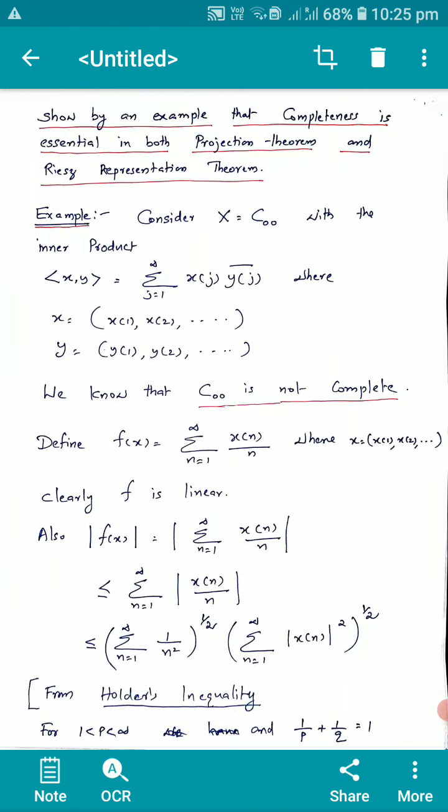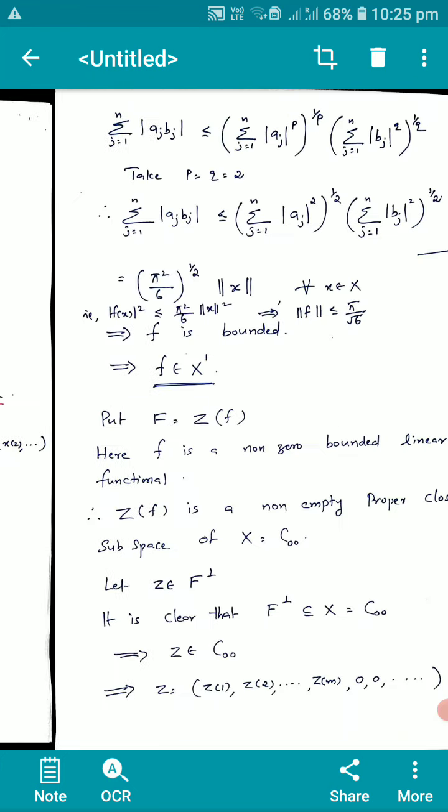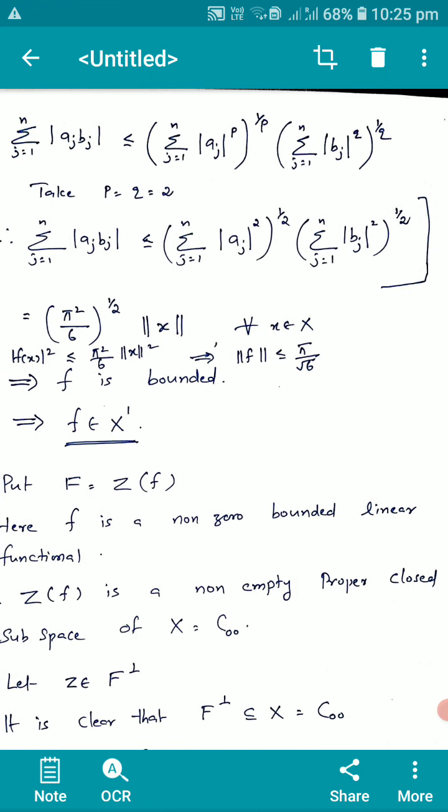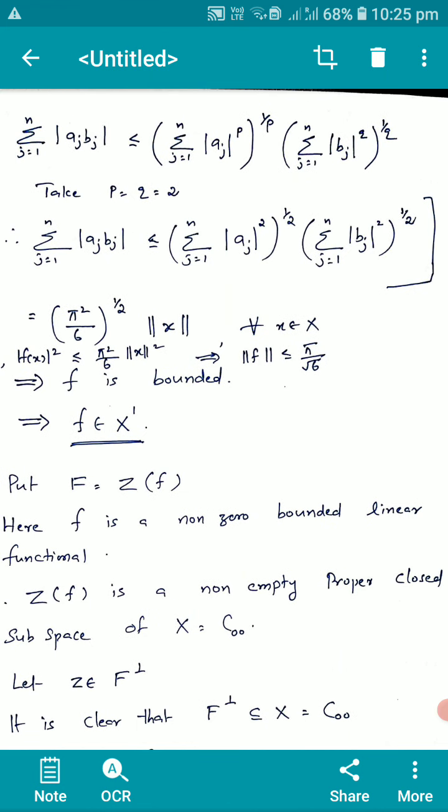Do you remember Holder's inequality? For 1 less than p less than infinity and 1 by p plus 1 by q equal to 1, sigma j equal to 1 to n mod aj bj is less than or equal to sigma j equal to 1 to n mod aj raised to p, whole raised to 1 by p, into sigma j equal to 1 to n mod bj raised to q, whole raised to 1 by q. You take p equal to q equal to 2.